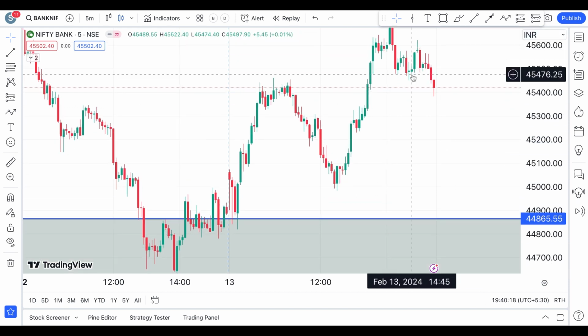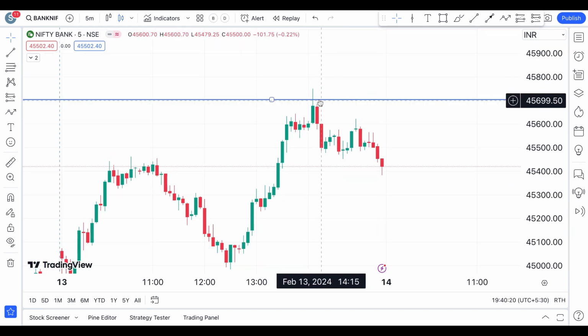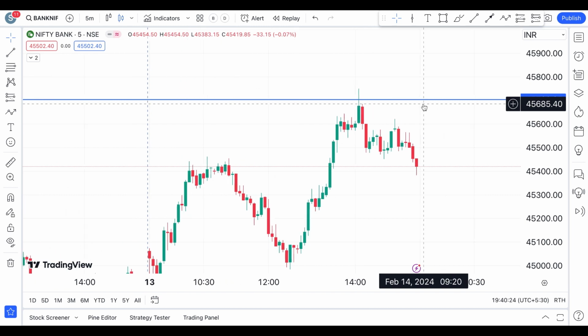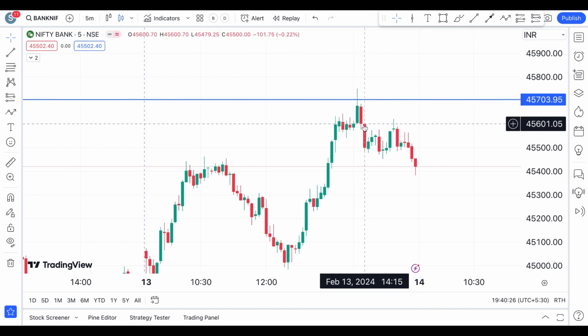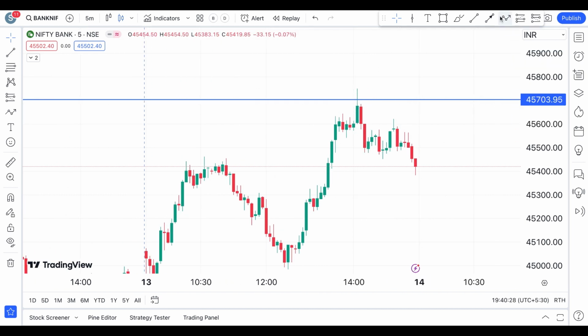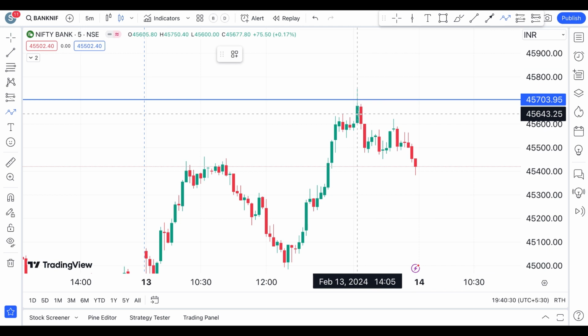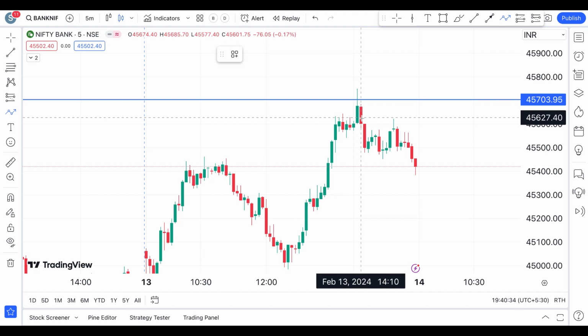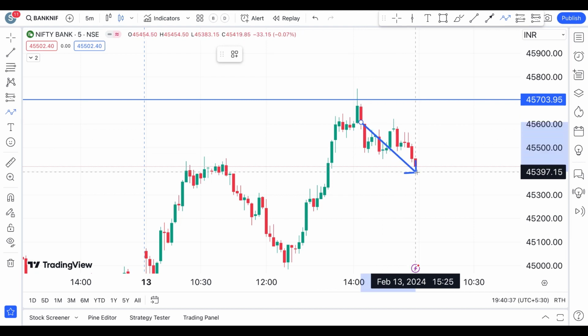Also, as you can see here at this resistance level, because that is coming from this swing high, here you have seen another bearish engulfing pattern. From here you can see that there is negative momentum towards the downside, towards the closing.